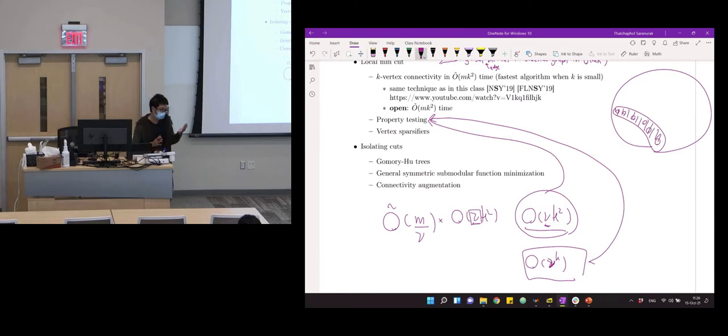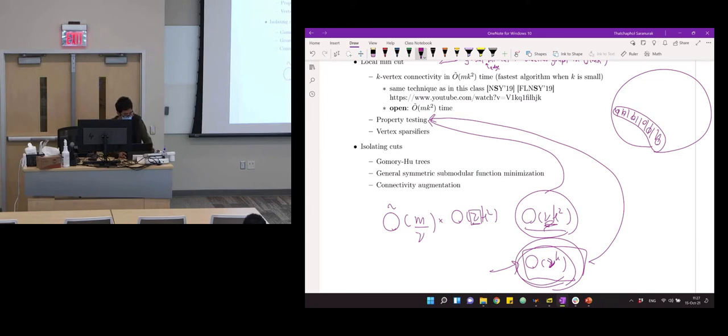The problem of trying to solve something locally is very natural, so people have looked at it, and the people that look at it are property testing people, and there they don't care much about the dependency on nu or k. As long as it is local, they're fine. That's why they can stop here. It turns out that it is useful for a classical problem like vertex connectivity too.